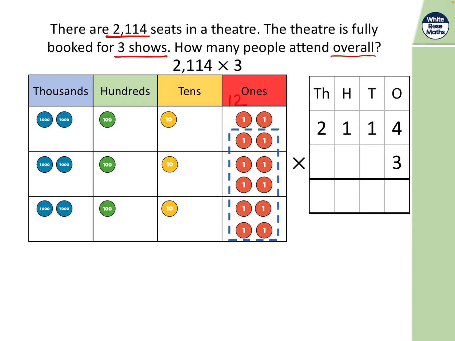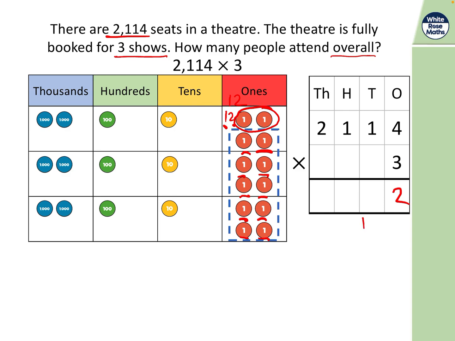Okay, so actually what we need to do is, because we can't have 12 ones, because we've got a 10 and a ones, we put this 2 here. And then this group of 10 ones, if we have a look, 1, 2, 3, 4, 5, 6, 7, 8, 9, 10.